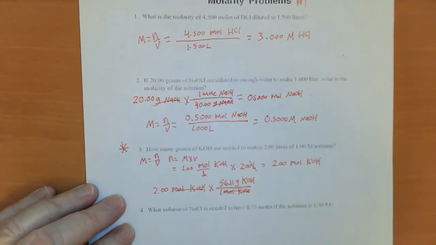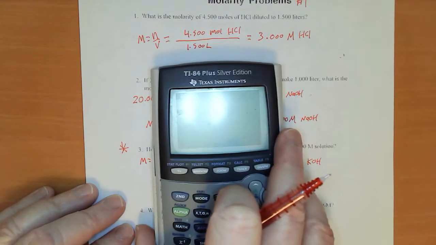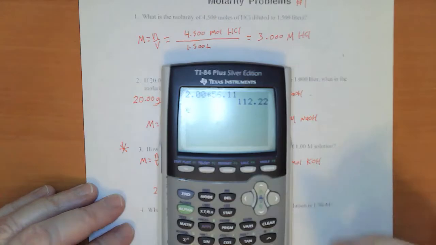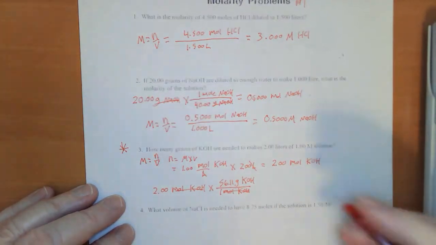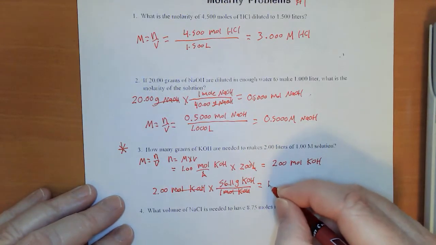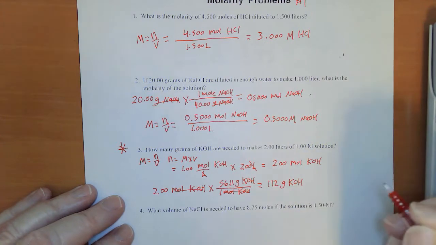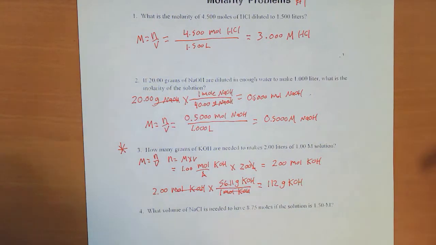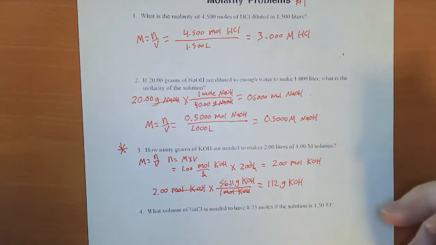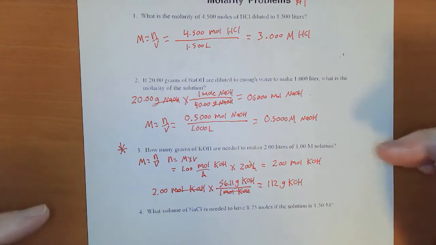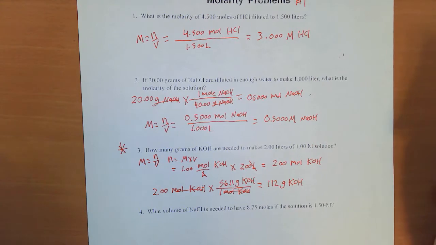So now I'm going to grab my calculator here and I'm going to say 2.00 times 56.11, and I get 112.22, but for 3 sig figs that's going to be 112 grams of KOH. Again, this is probably the most important problem of the homework. Okay? That's what you actually do when you're working in a laboratory.